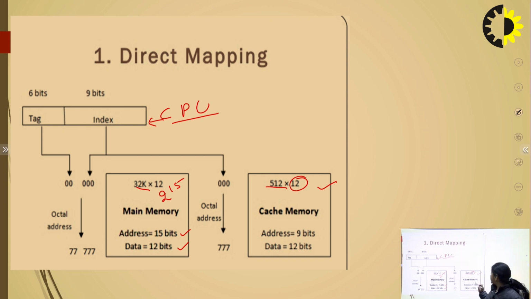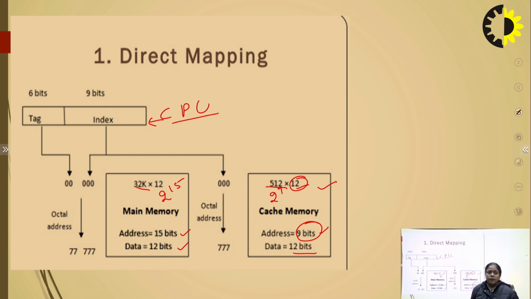So address lines will be 9 bits, because 512 is 2 raised to power 9, and the word size will be 12 bits again, so we need 12 data bits here.